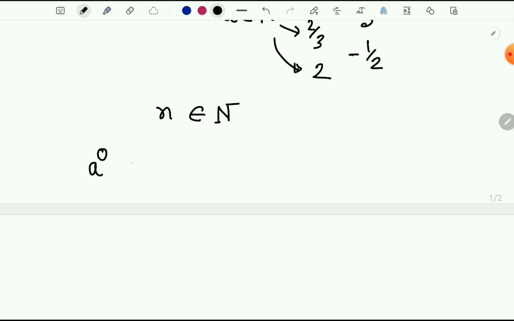In this case, the value of it is 1, and in this particular case base a cannot be 0, because if a becomes 0, it gives us 0 power 0, which is undefined.